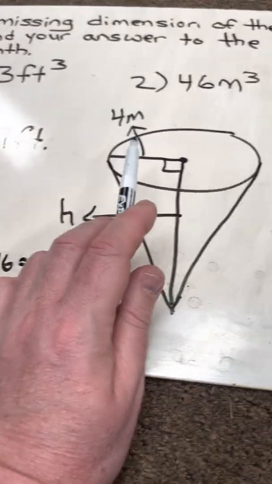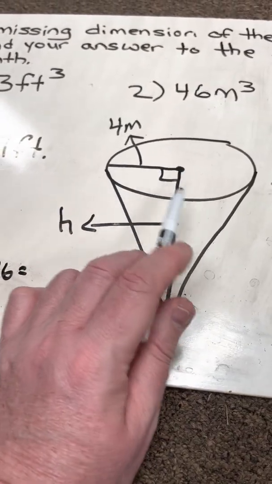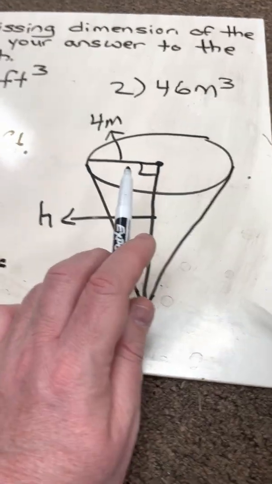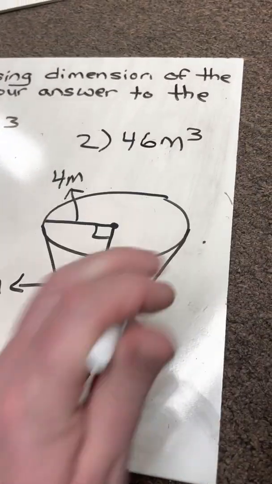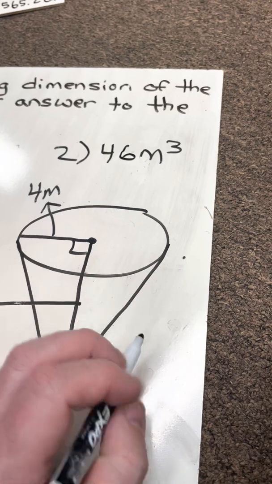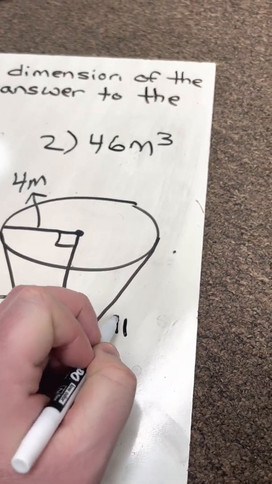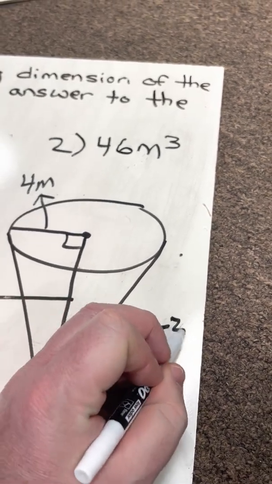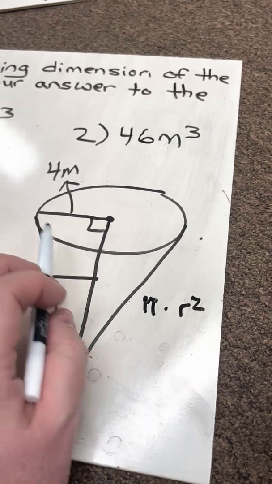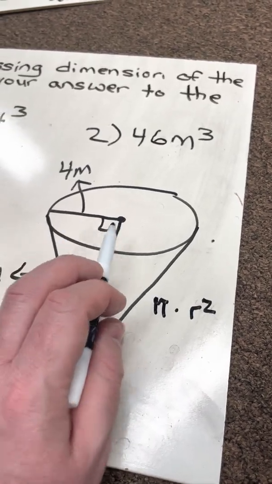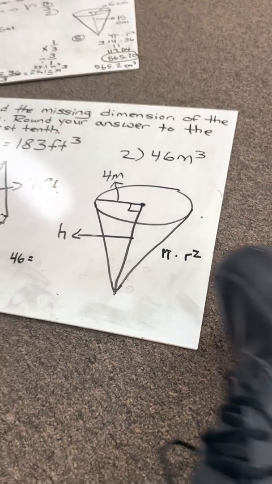I can figure out the area of the base. Remember, the area of the base is the circle, which is pi times radius squared. The radius is 4. 4 times 4 is 16.